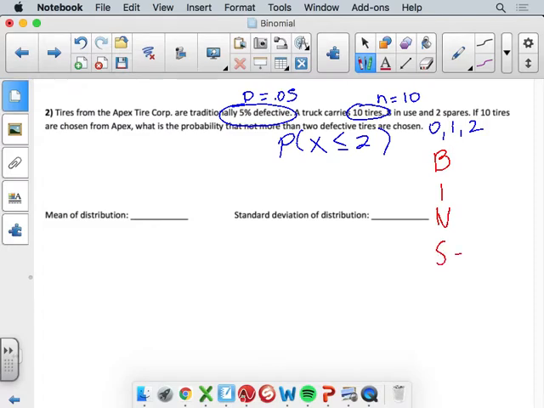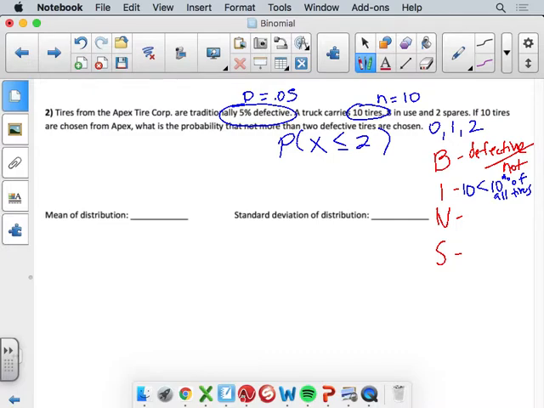Did we check off our bins? We're looking for defective tires or working ones, so are they defective or not, basically. Are 10 tires less than 10% of all tires made from that place?